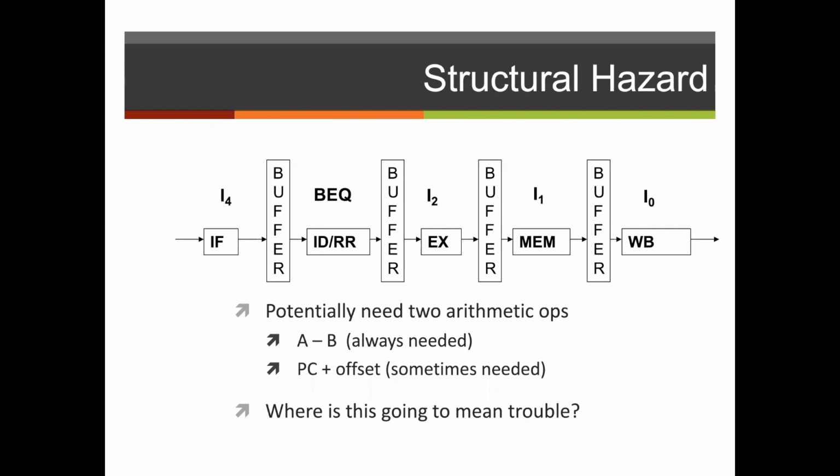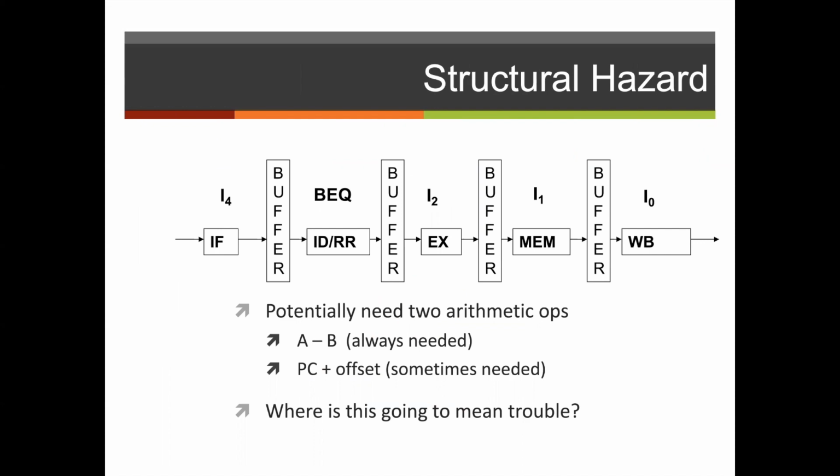Let's consider another example with our branch if equal instruction. It's important to keep in mind that BEQ is essentially going to need to do two arithmetic operations. It's going to do A minus B, and then it's going to need to add to the PC.